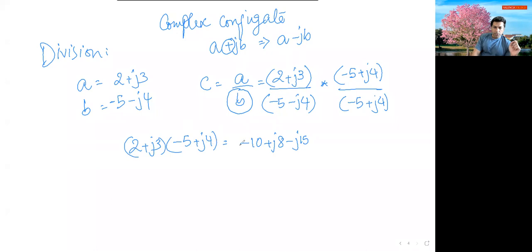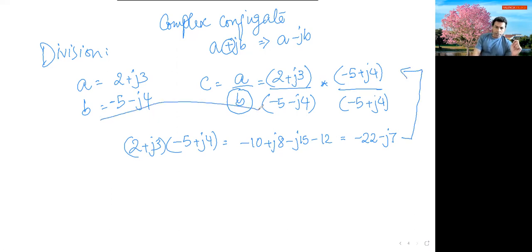And j3 times j4, j times j is negative 1, and 4 times 3 is 12, so negative 12. That's going to give me negative 10 minus 12, negative 22. And minus 15 plus 8 is minus 7. So negative 22 minus j7, that's my numerator. So this is the result of my numerator.